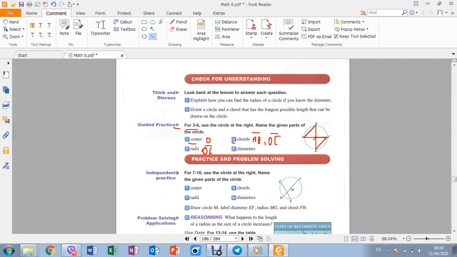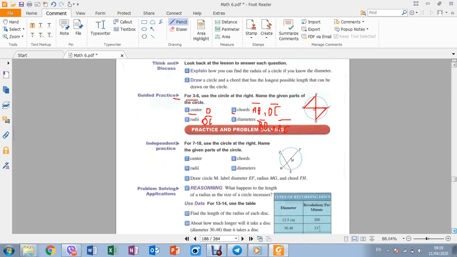Two diameters. BD, a line segment on it, and AC, a line segment on it. That's all. Okay, so I hope all of them understand very well.